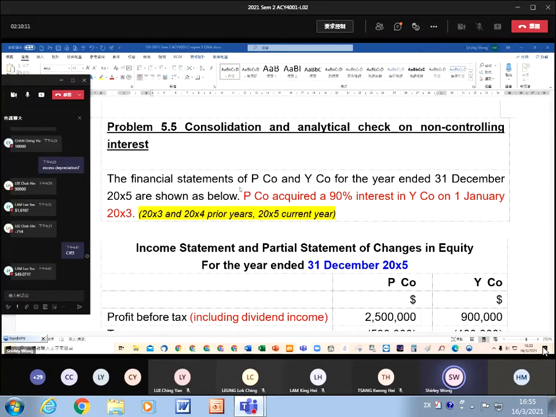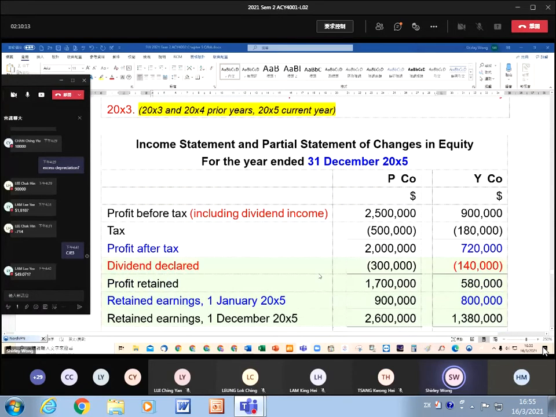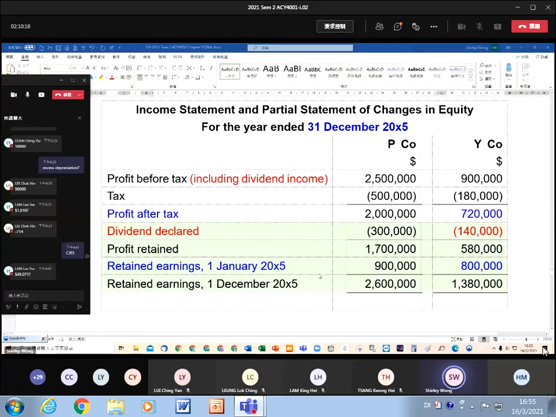And then it gives you the income statement. So let's look at the income statement. Here the first line is profit before tax. If the question wants to simplify it, they do not give you the details about sales, cost of goods sold, gross profit, other income and expenses, and immediately the first line is profit before tax.